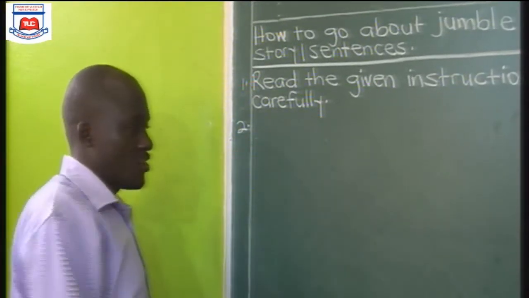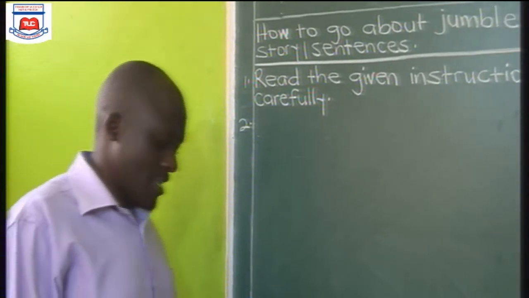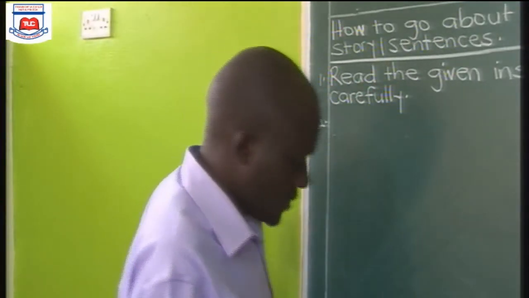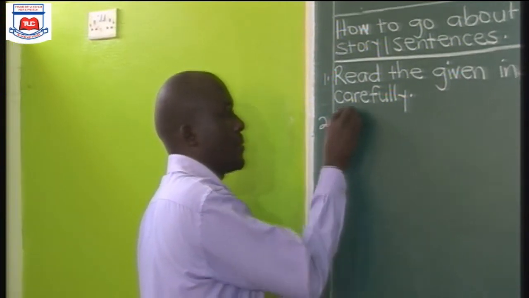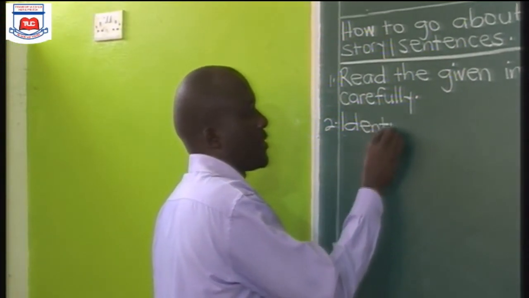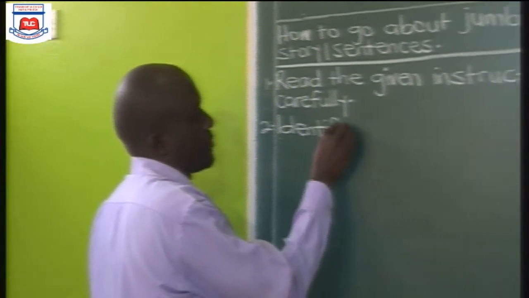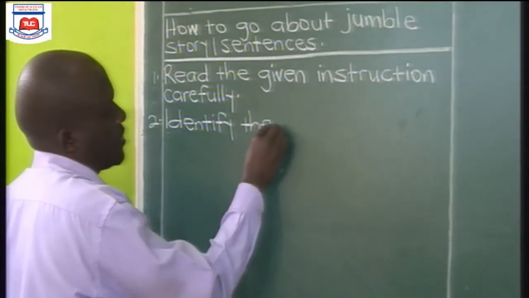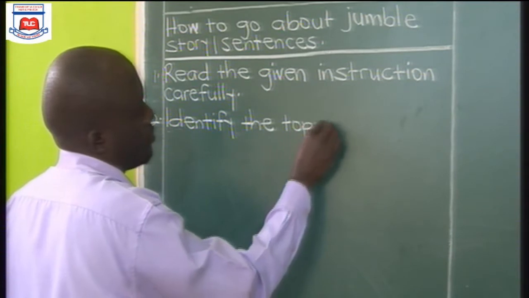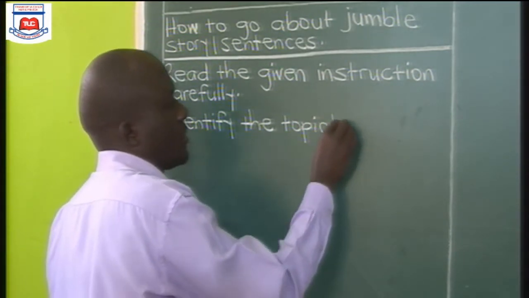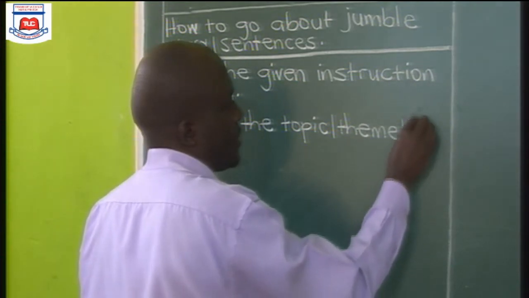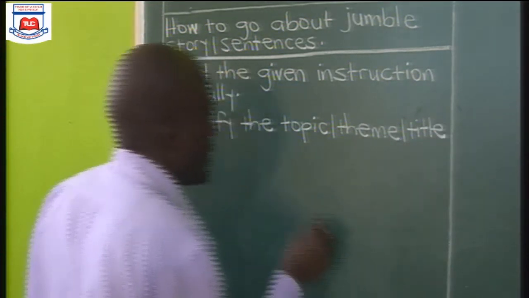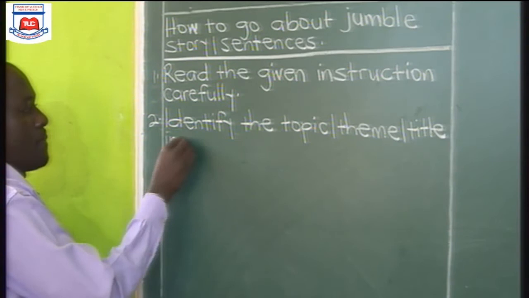After you've read the instruction, what do you do next? You identify the topic or theme in the given instruction, if any. If you don't want to call it topic, you can call it theme. If you don't want to call it theme, you can call it title.